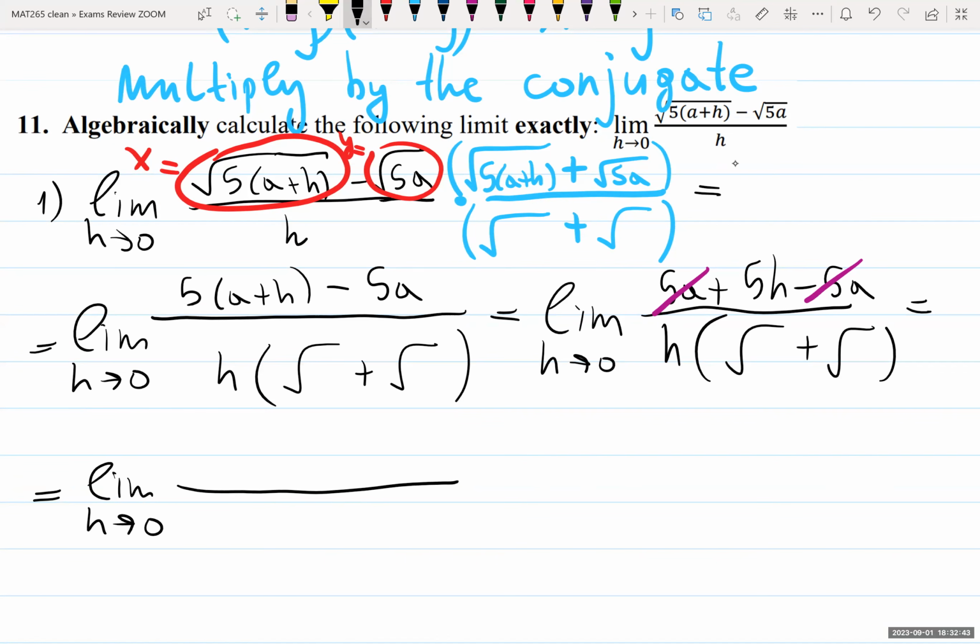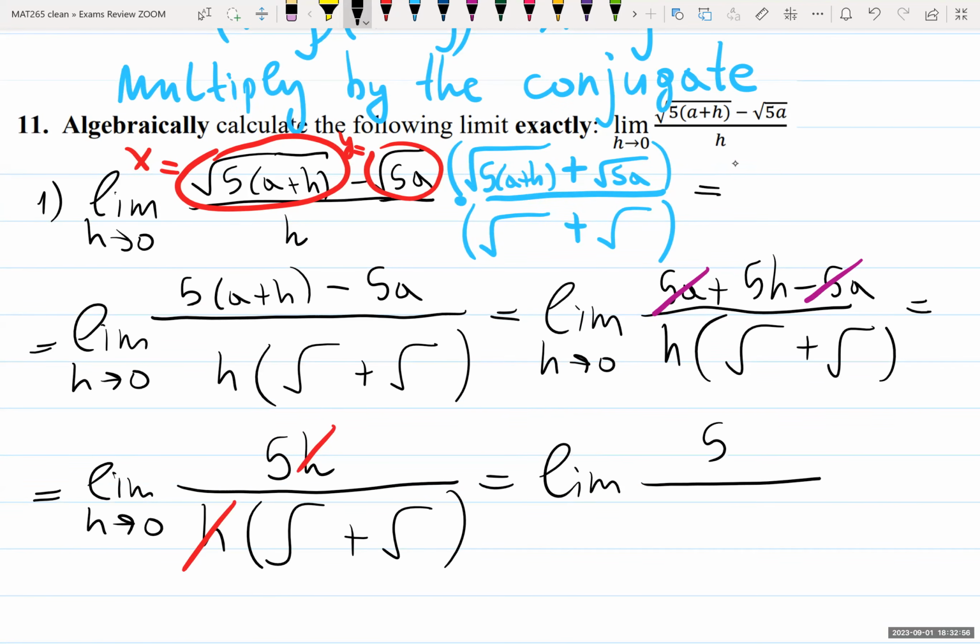So we're very happy about that. It will be 5h over h times the square root plus square root, and h goes away. The troublemaker is gone. We have limit 5 over, and this is actually, I'm going to write down the roots because now they are important. So it's going to be the square root of 5a plus h plus the square root of 5a.